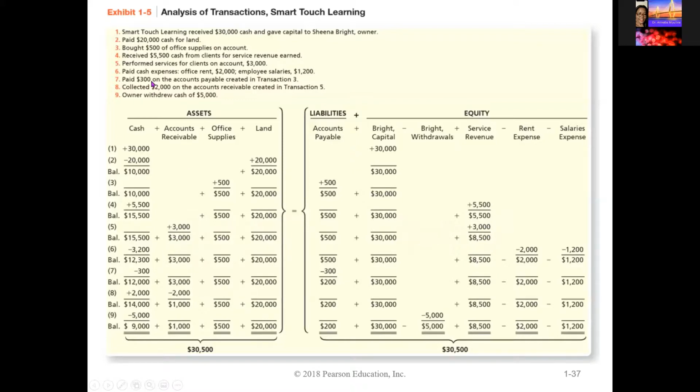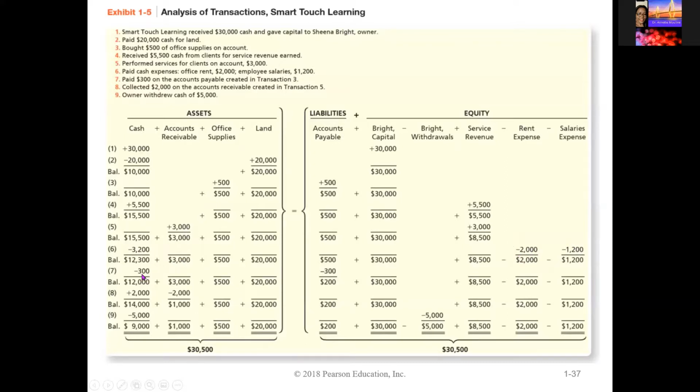Transaction 6, paid cash expenses, office rent, $2,000, and employee salary, $1,200. Okay, so you see the $3,200 total cash, and then you see the rent expense, salary expense.